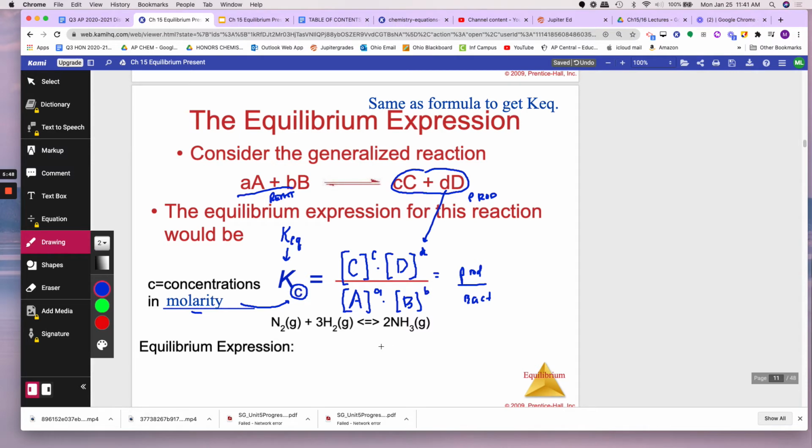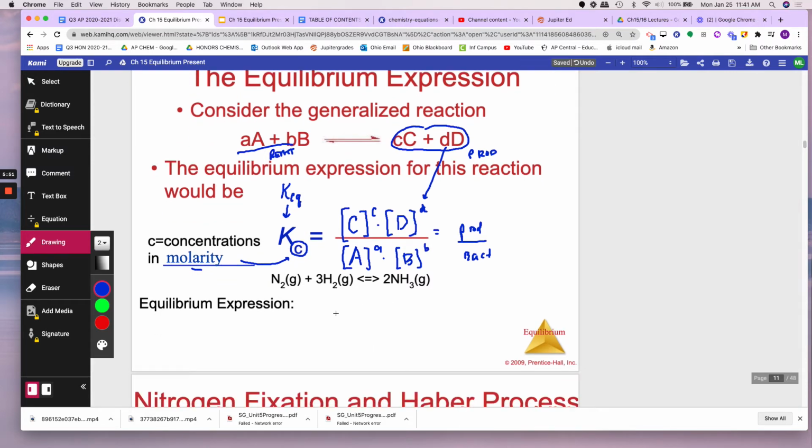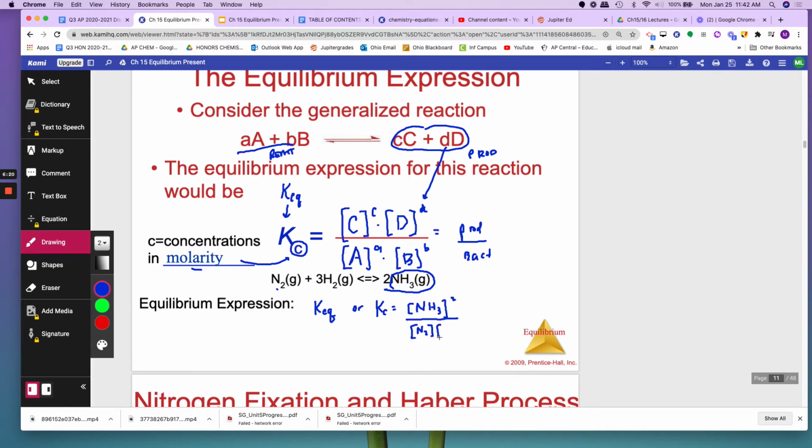For example, the equilibrium expression for this would be K equilibrium, or if you're going to use concentration, you can use Kc, either one, is equal to the products, which is NH3 to the power of 2, divided by N2 times, you don't have to put the dot, H2 to the power of 3.